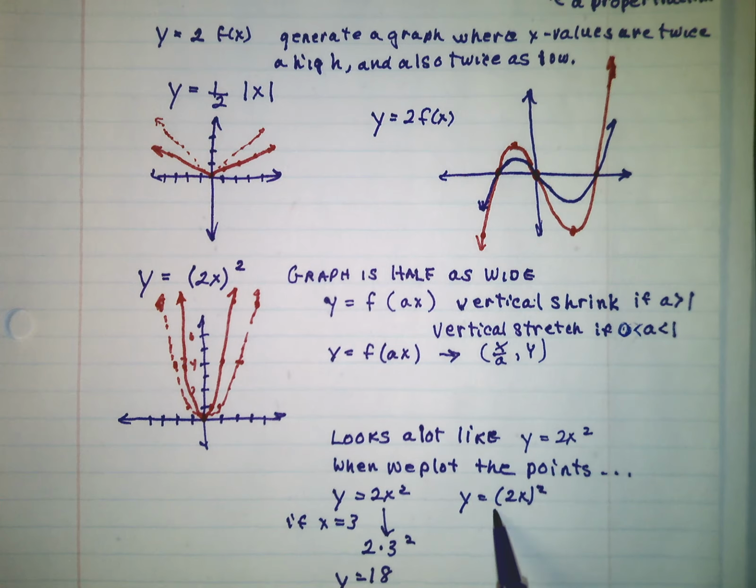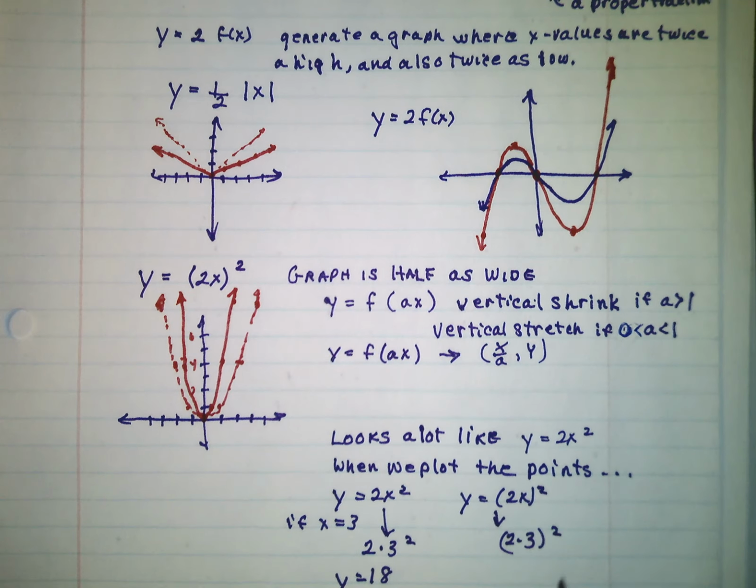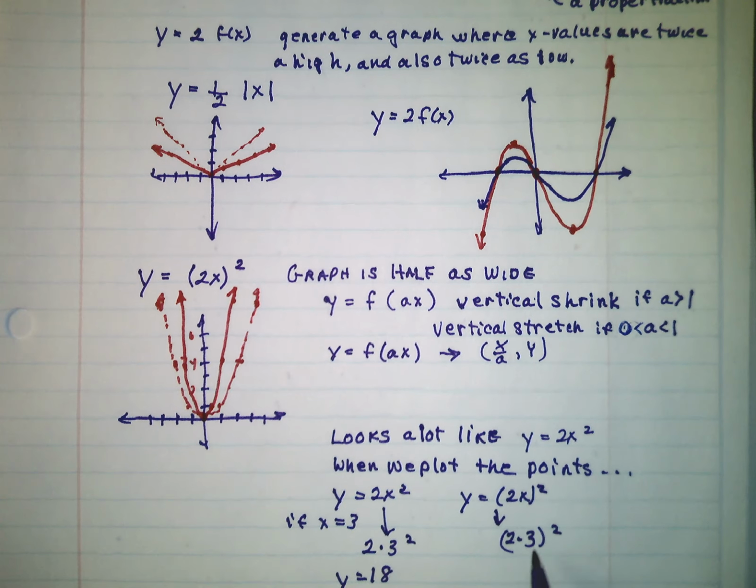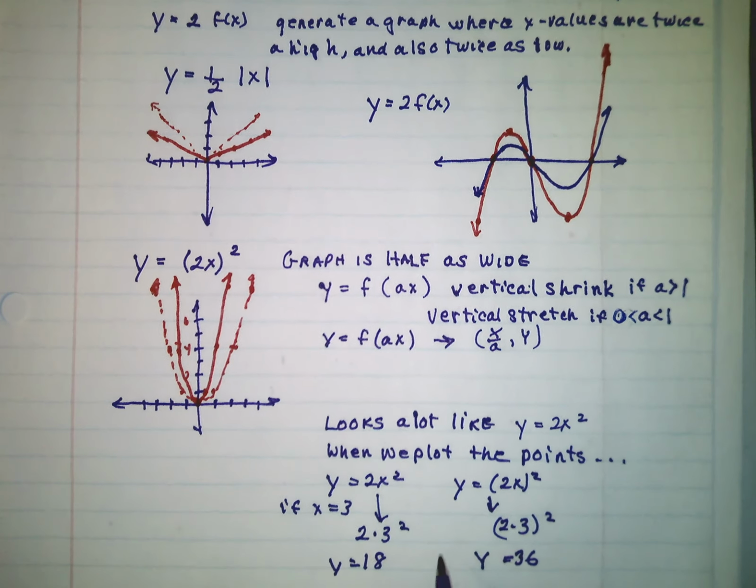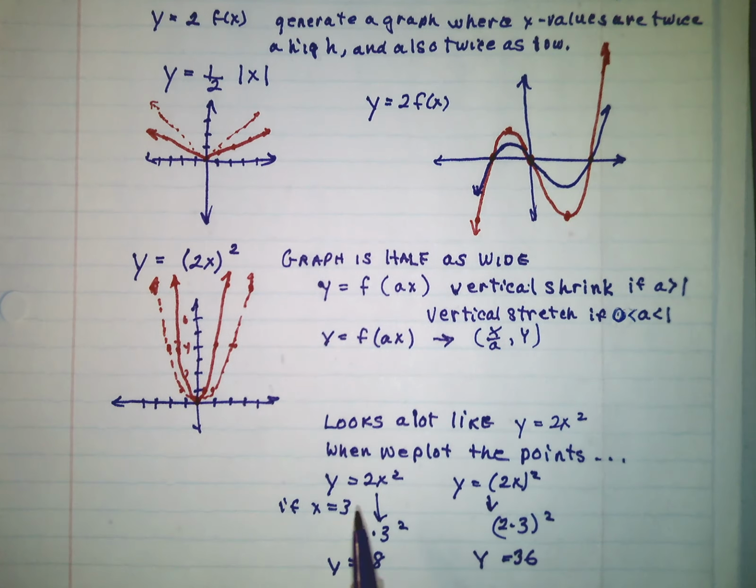This one is going to be 2 times 3 and then square it, which is 6 squared, or 36. Big difference when you put in the same numbers, but it's not so obvious until you actually plot the points.